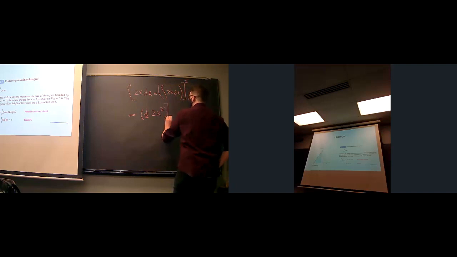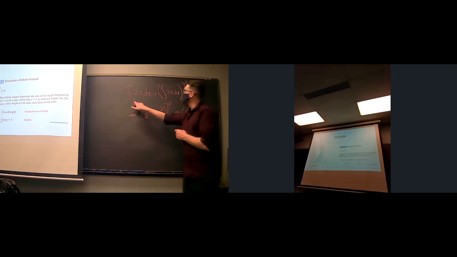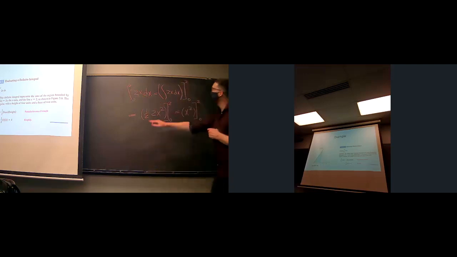And in a minute, we're going to evaluate it from 0 to 2. We can simplify it to get x squared from 0 to 2. Now, this one-sided right-hand square bracket is doing the same thing as the 0 and 2 over here. All we're doing is saying, do this integral, then evaluate it at 2 and subtract from that whatever it evaluates out to be at 0.